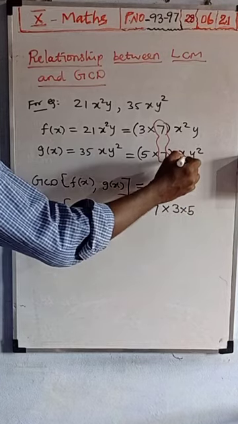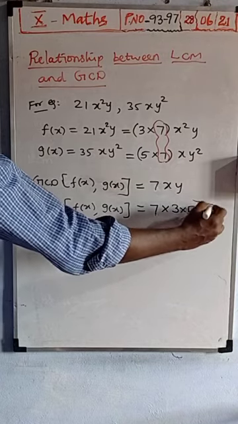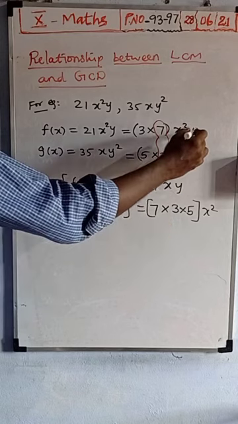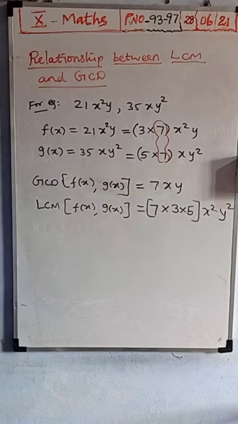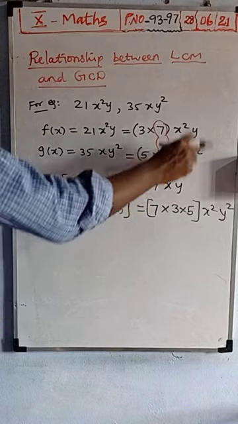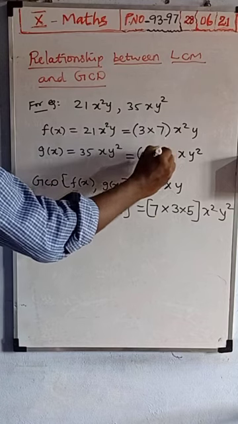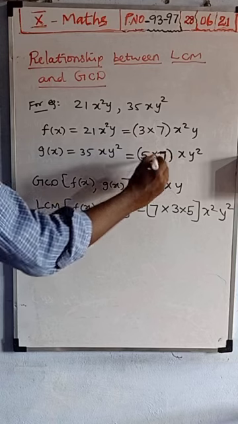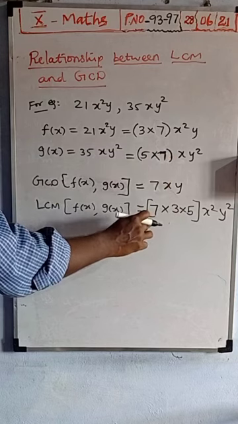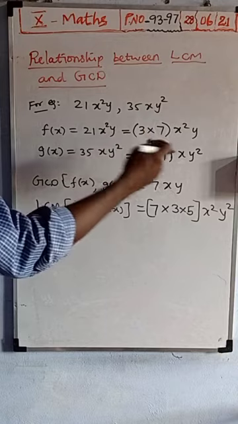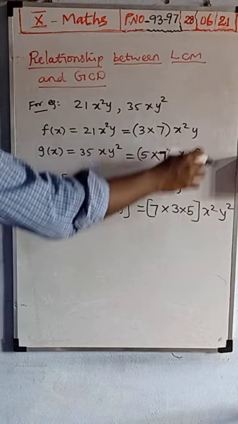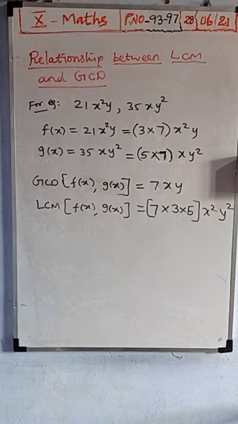Between x squared and x, the highest power is x squared. Between y and y squared, the highest power is y squared. So GCD means what is common, with the lowest power. LCM means the common term is written only one time, and the non-common terms are all written. So 3 into 5, and for the variables the highest power, x squared y squared.